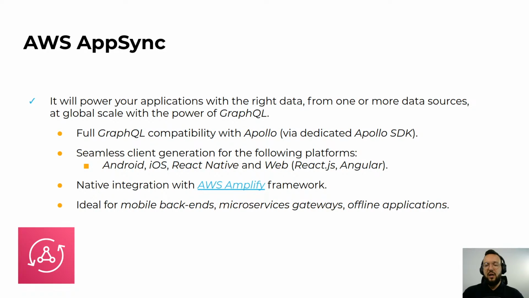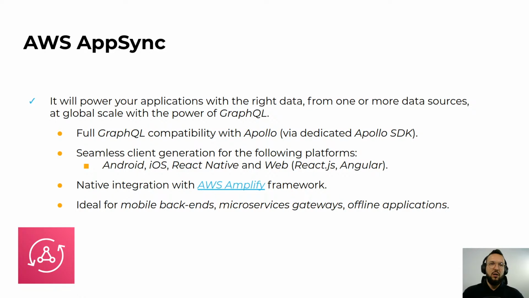Additionally, AWS AppSync has the ability to generate clients for Android, iOS, React Native, and also web applications like React.js or Angular. It has native integration with the AWS Amplify framework, which is an interesting choice for those of you who haven't heard about it.